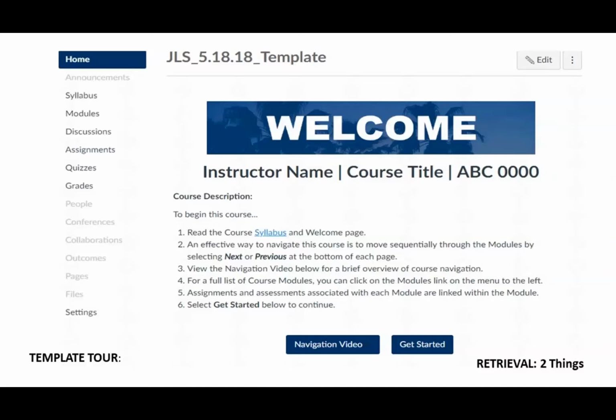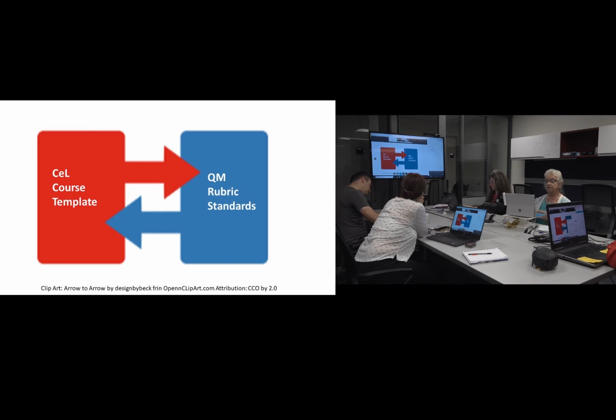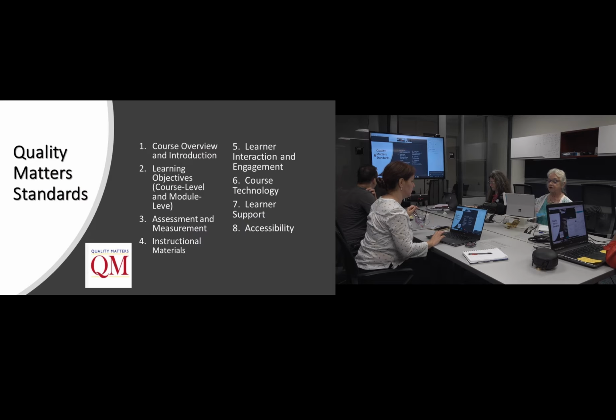So that simplifies things a little bit for us by having all of these pieces already in it. And we have with intent built our course template following the QM rubric standards. And I'm going to let Enid give you some background on those standards.